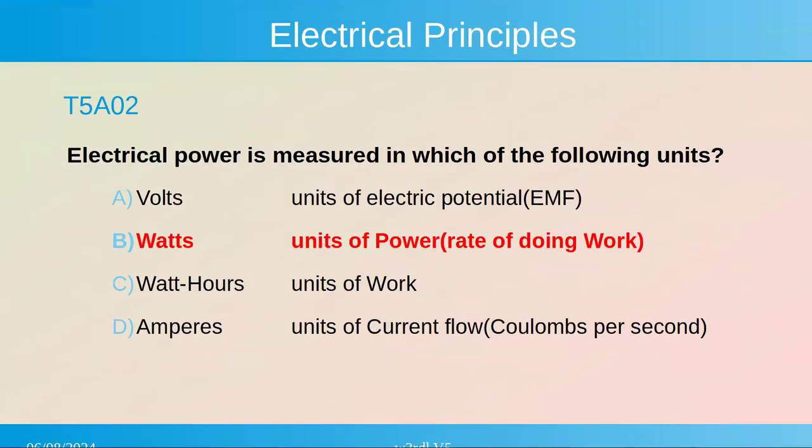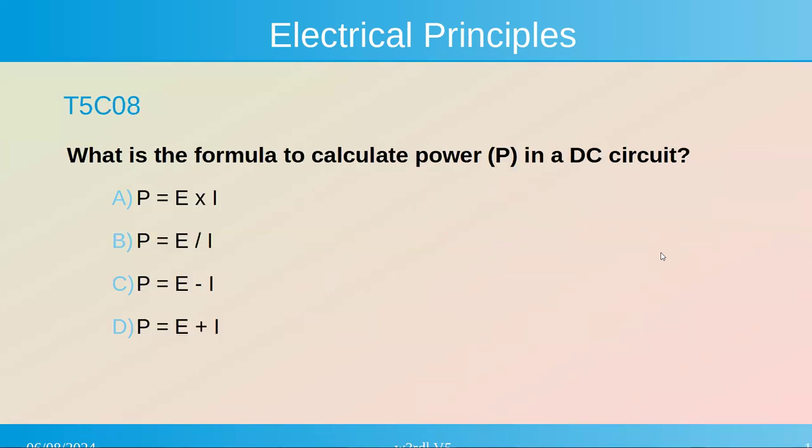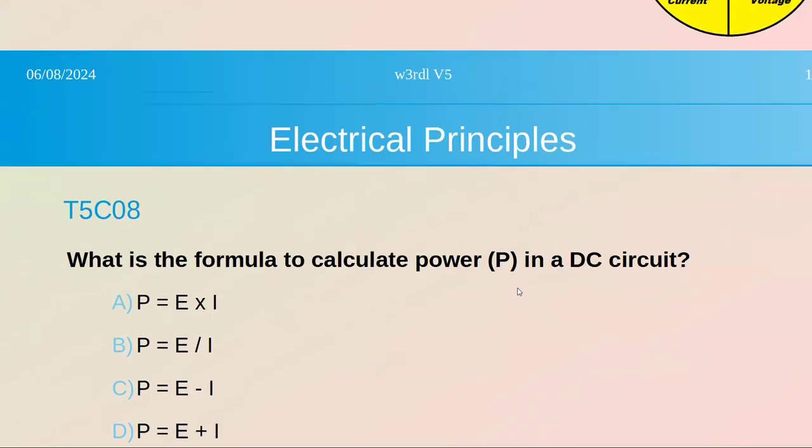James Watt. What is the formula to calculate power in a DC circuit? One of those is correct. Okay. Alpha.